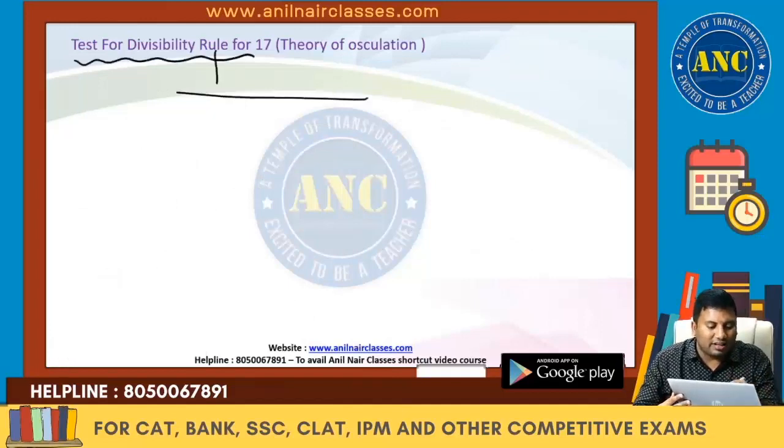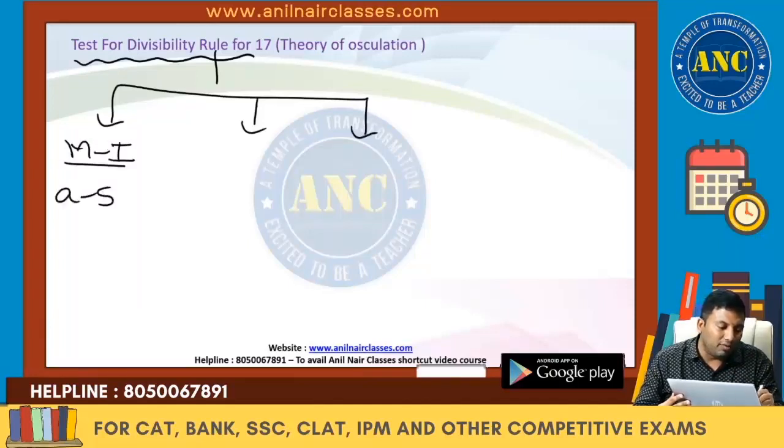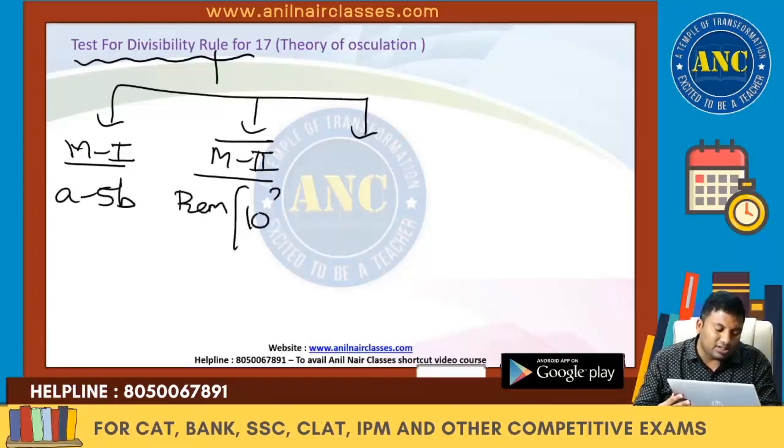Divisibility rule for 17. At least in my class I told you 3 methods. Method number 1, A minus 5B, which we discussed right now. Method number 2, 10 power 8 divided by 17 is minus 1.